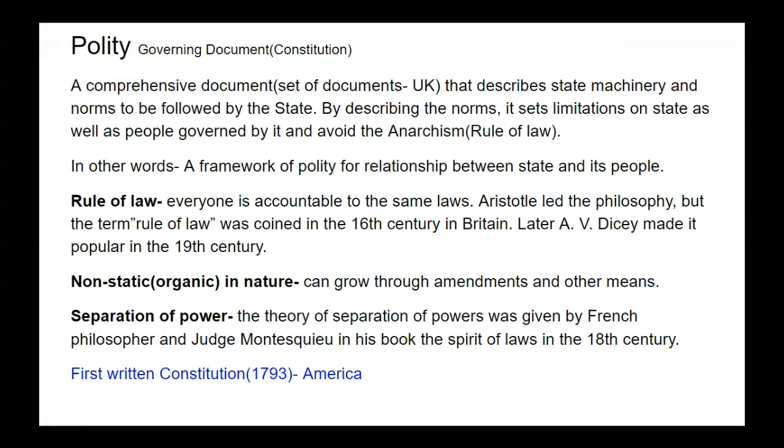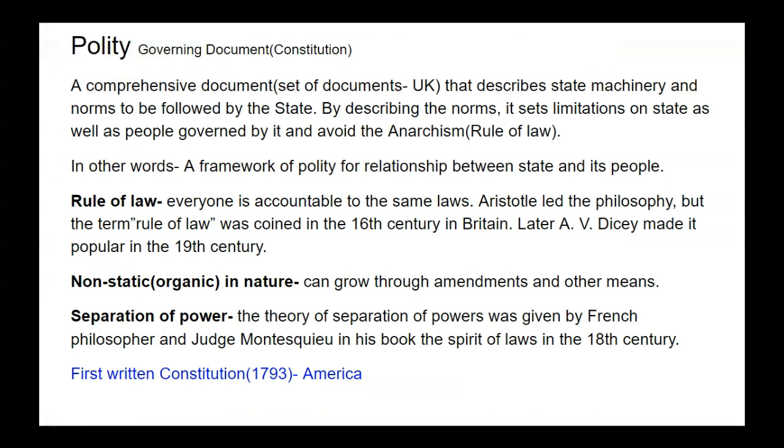Rule of law: everyone is accountable to the same law. Aristotle led the philosophy, but the term rule of law was coined in the 16th century in Britain, and later A.V. Dicey made it popular in the 19th century.